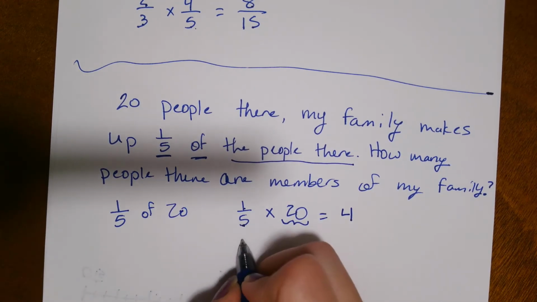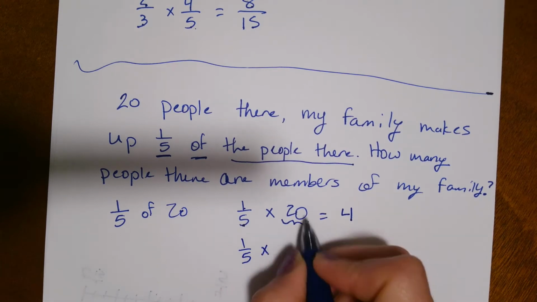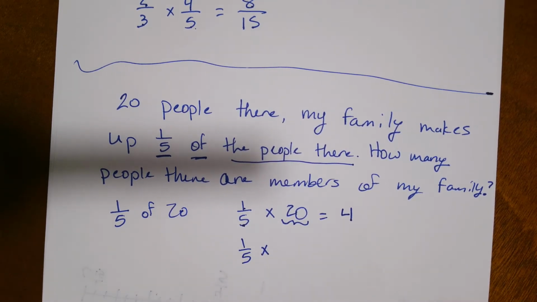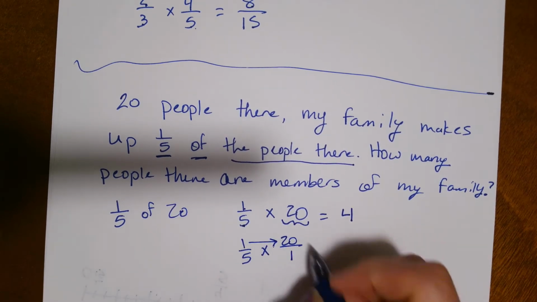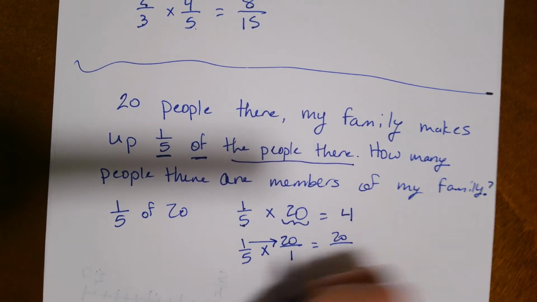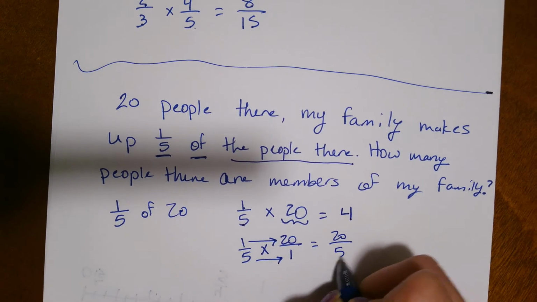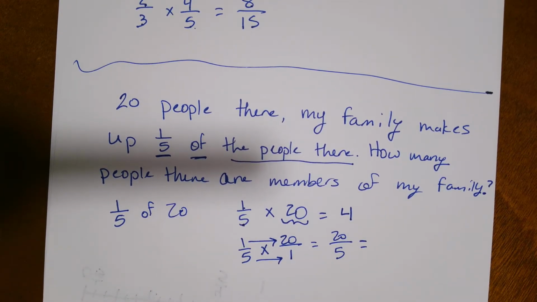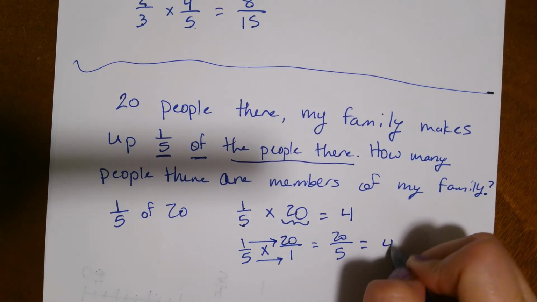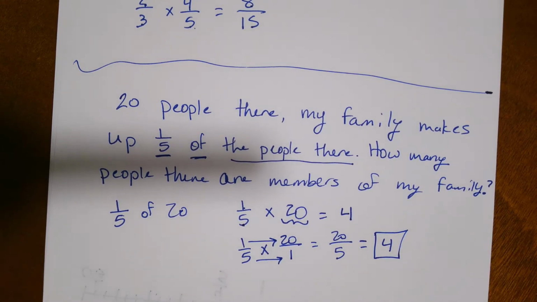And by that algorithm, for 1/5, I need to multiply top times top, bottom times bottom, so this would be 20 over 1, and multiply straight across. 1 times 20 is 20, 5 times 1 is 5, and now this looks just like our whole number division. 20 divided by 5 gives me 4. So either way, I get 4.